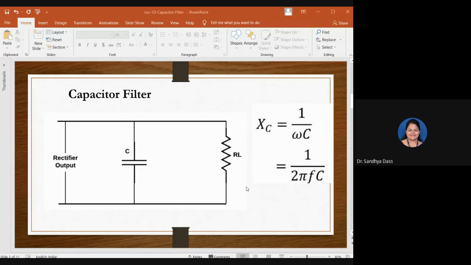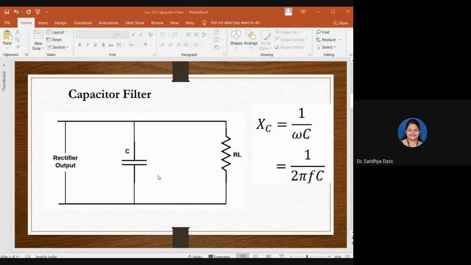Choke is nothing but the inductance. This type of filter is not widely used because it is bulky, expensive, and consumes more power. Whereas capacitor filters are quite famous because of low cost, less weight, small size, and good characteristics, and they are most applicable for small load currents.